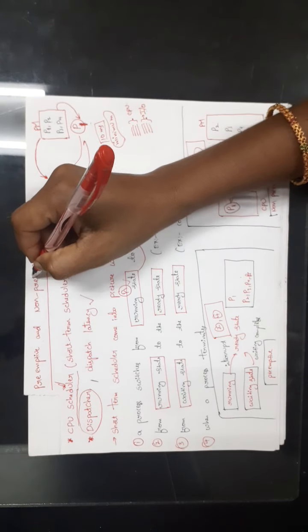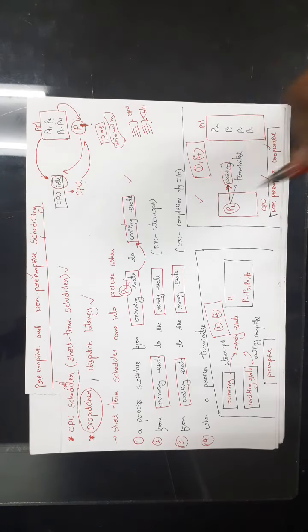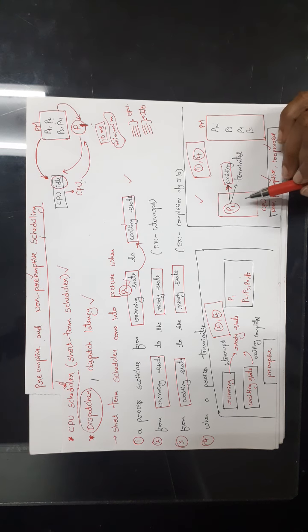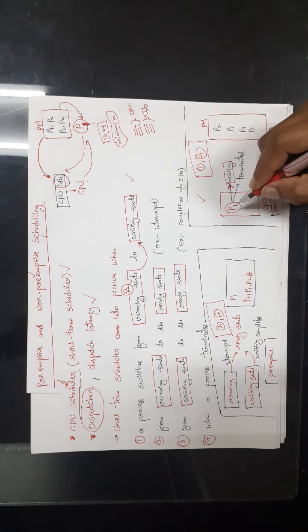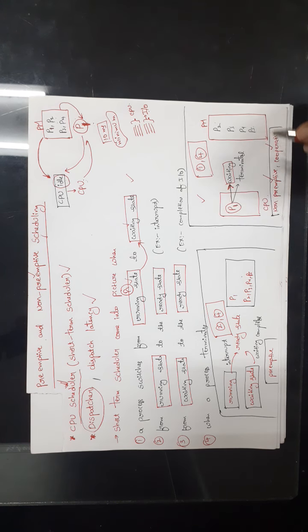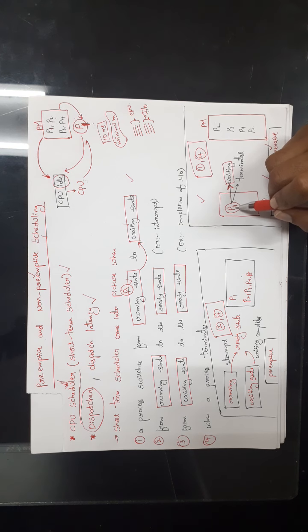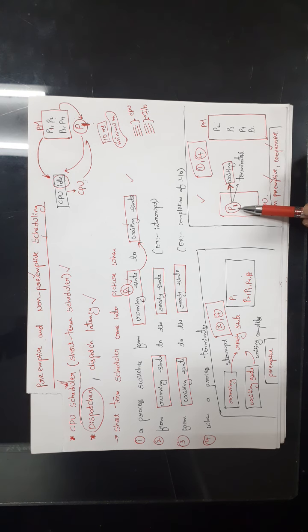We are not taking the CPU away from P1 forcibly. When process P1 is in the waiting state, it does not require the CPU to perform its operation. So now we are taking the CPU away from process P1, but we are not forcing that process.